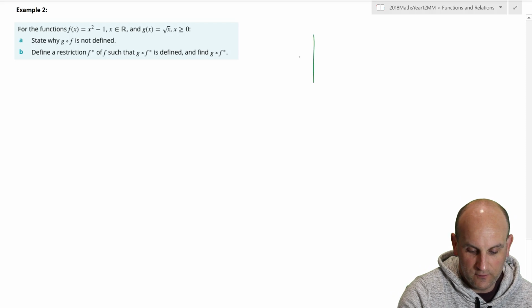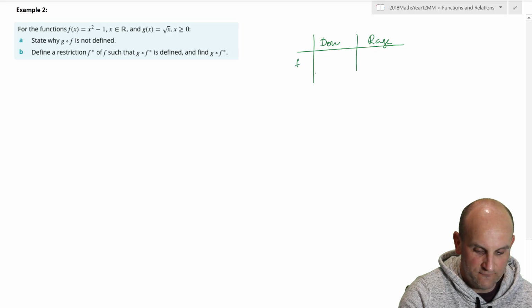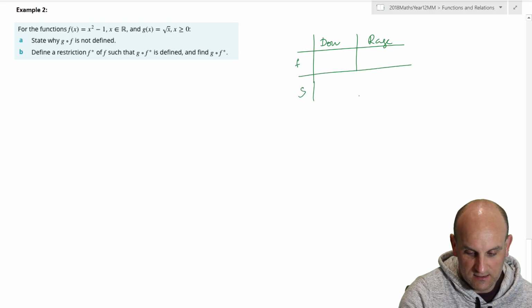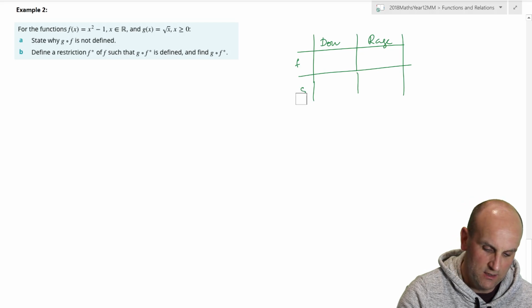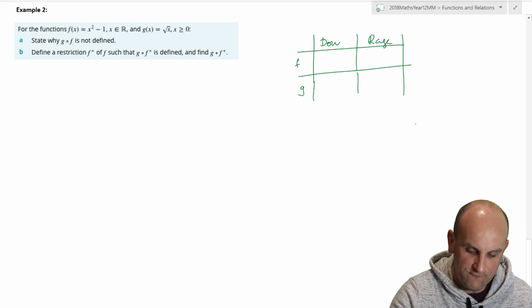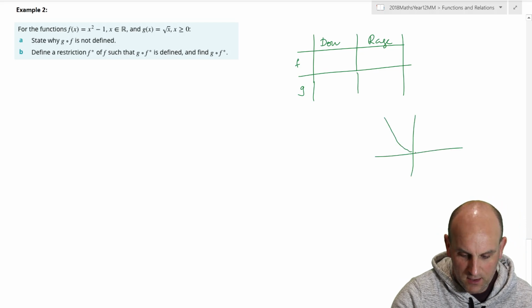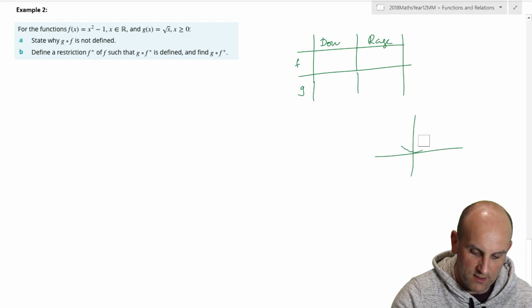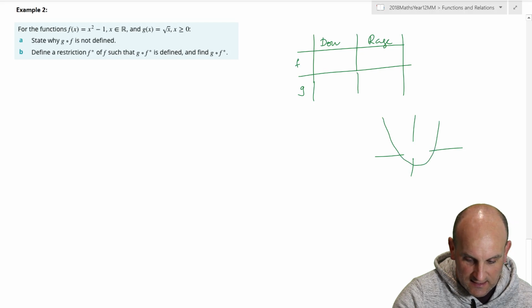First thing we're going to do is create my table of domain and range, and I'm going to have F and I'm going to have G. Sorry about my handwriting, ladies and gentlemen. So what is my F function? My F function is a parabola, but it's a parabola that has been shifted down by 1. So there's minus 1.